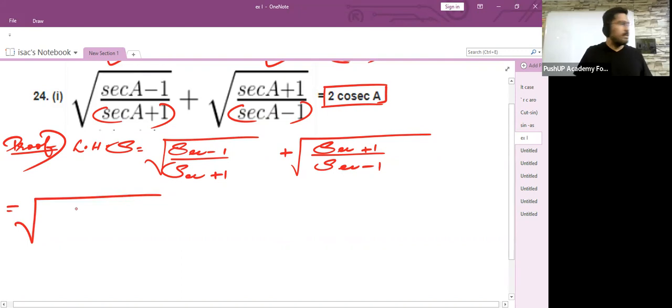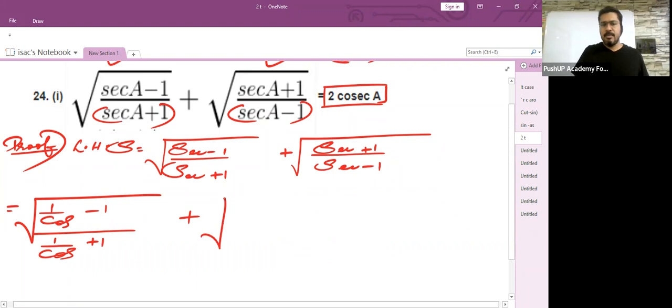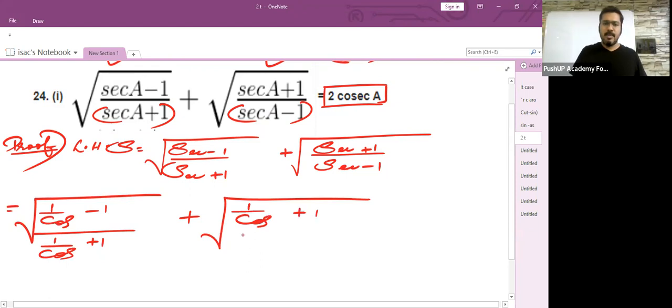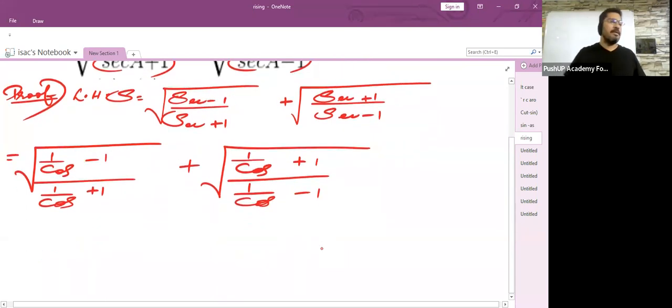Square root of 1 upon cos minus 1 divided by 1 upon cos plus 1. Put the plus sign here. Square root of sec plus 1 can be written as 1 upon cos plus 1 divided by 1 upon cos minus 1. Simplify it.